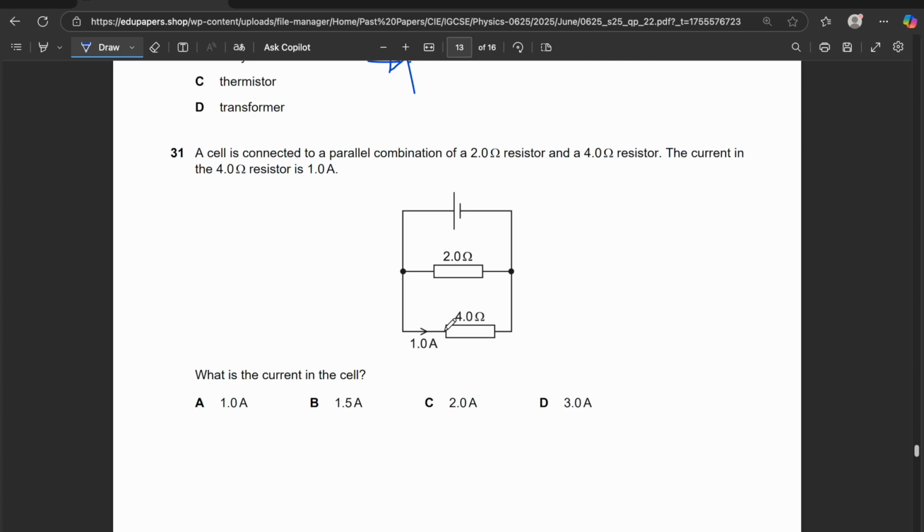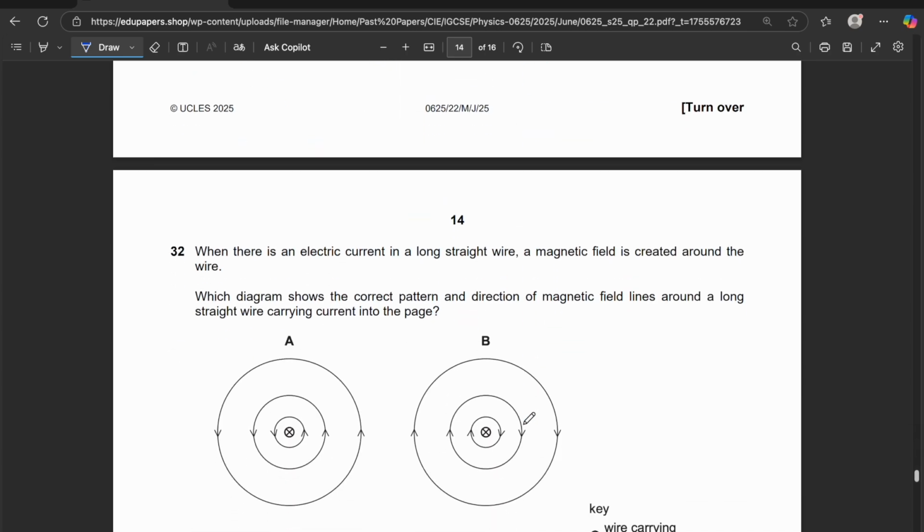If the resistance is higher, then the current will be lower by the same ratio, right? So this is twice as high, so current will be twice as low, which means this will get 2.0 ampere. And if we add these currents from the parallel branches, we get 3.0, which is D.